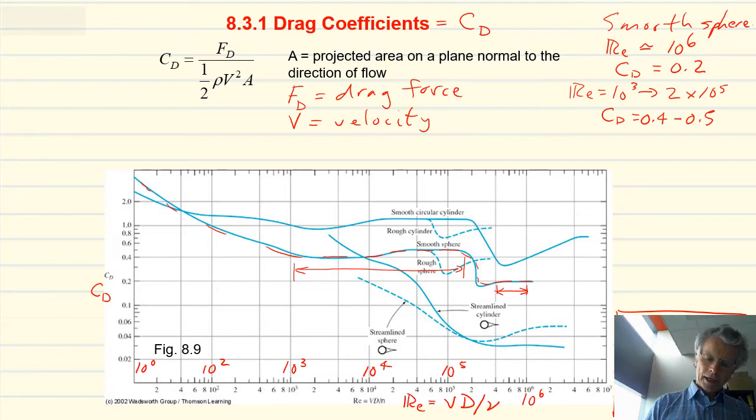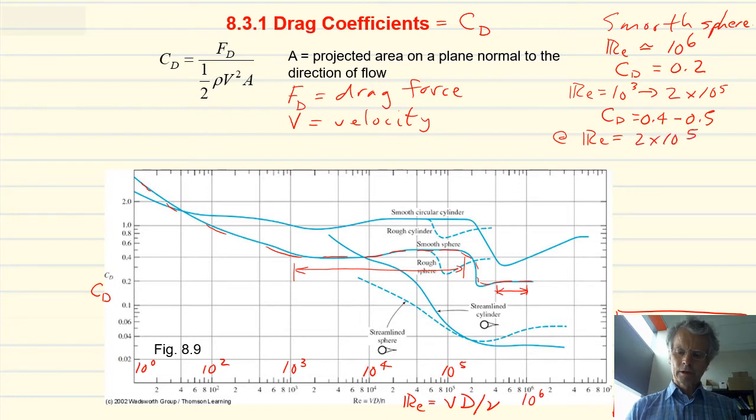And what's happening at this Reynolds number right around 200,000, we see that the drag coefficient drops. So at a Reynolds number of 2 times 10 to the 5th, C_D drops from about 0.5 to 0.2.